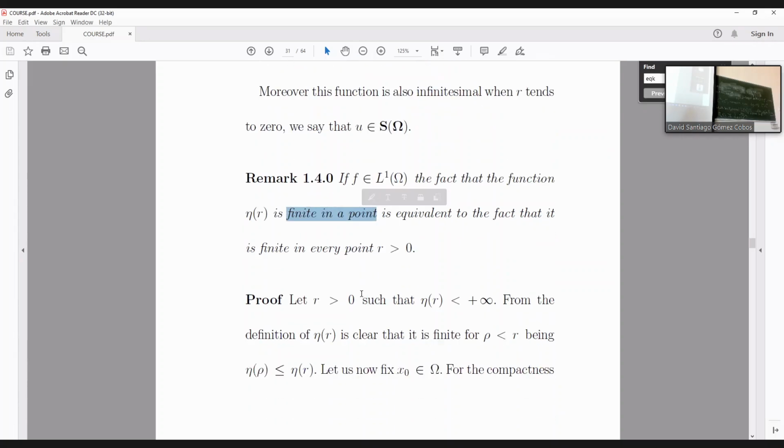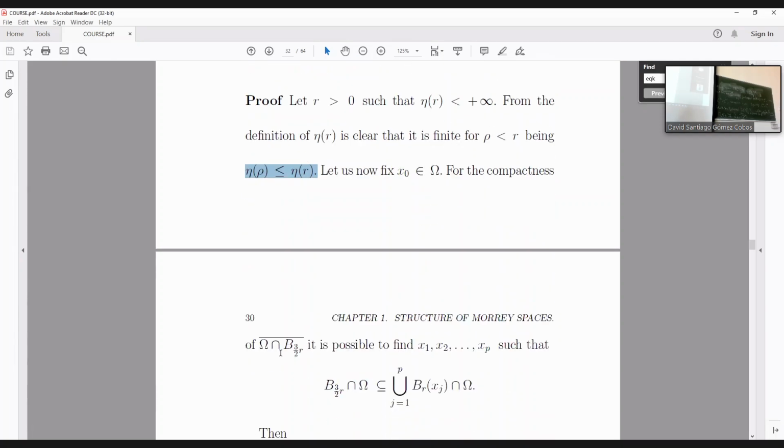And this is true because let us consider r more than 0 such that eta r is finite. From the definition of eta r, it is clear that if it is finite in r, it is finite if rho is less than r. So of course eta rho is less or equal to eta r. Let us fix now x0 in omega.